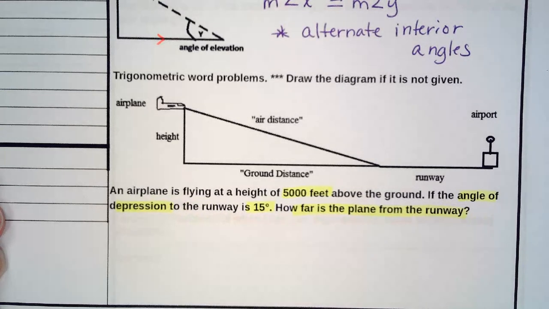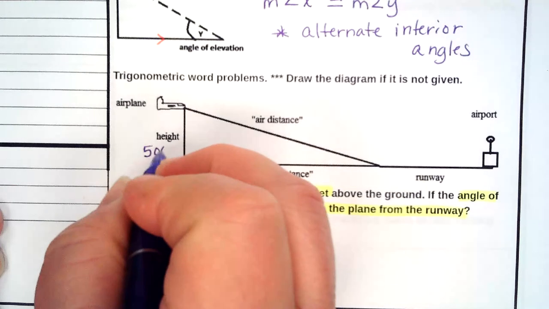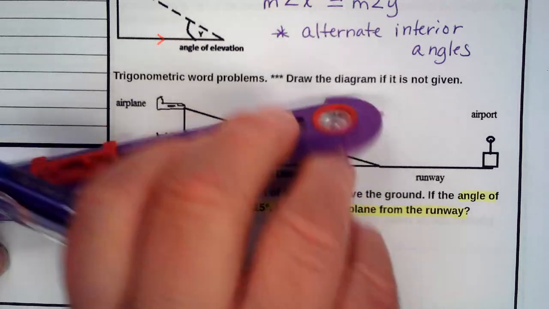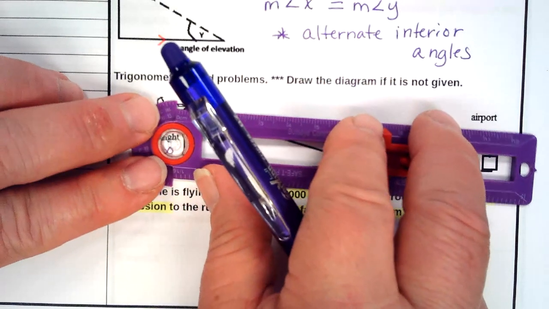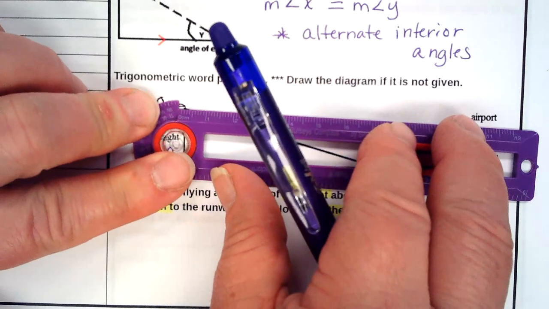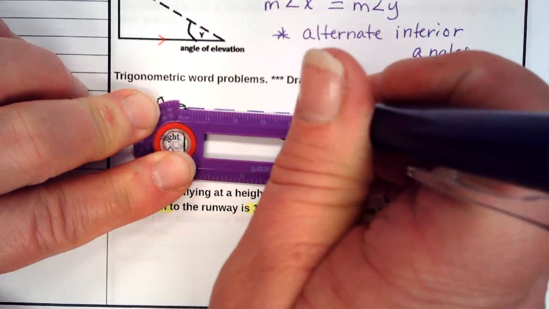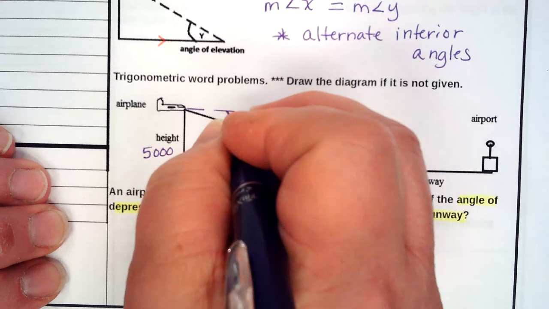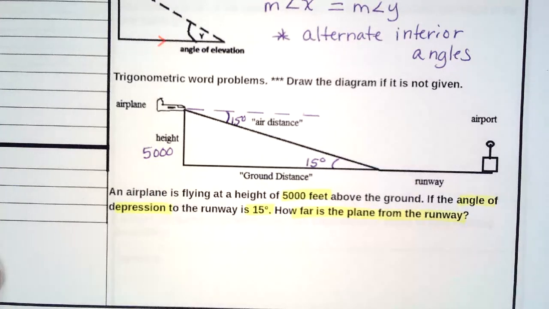How far is it away from the runway? So this height is 5,000. If I draw that line of sight, this angle is 15 degrees. So this is also 15 degrees.